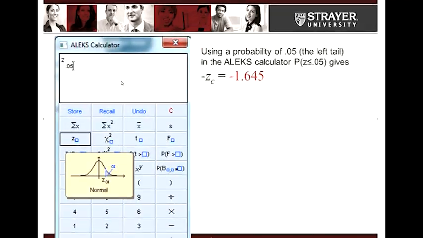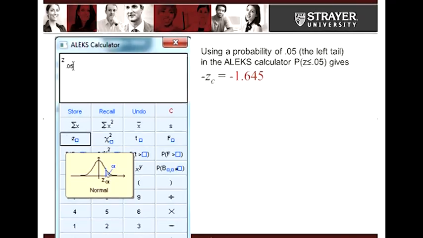Okay, so here is the ALEKS calculator. Here on the calculator we have a Z with a little box next to it. If the tail is 0.05, then that is the alpha level that is shaded here on the right.